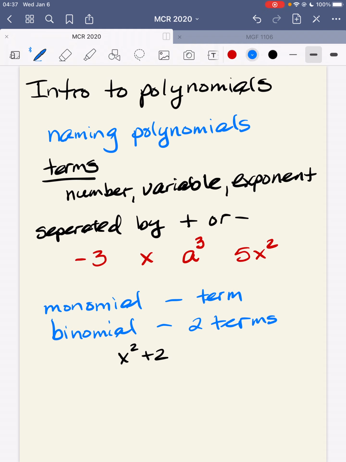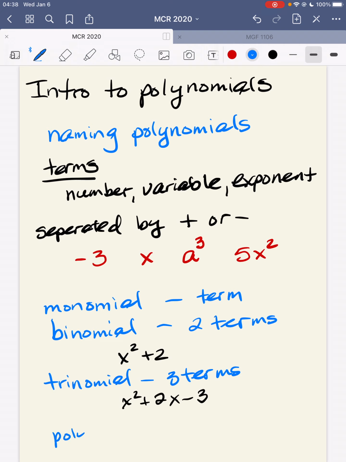And then we have a trinomial, which is 3 terms. And you've seen this before, something like x squared plus 2x minus 3. And anything greater than 3 terms is just a polynomial.